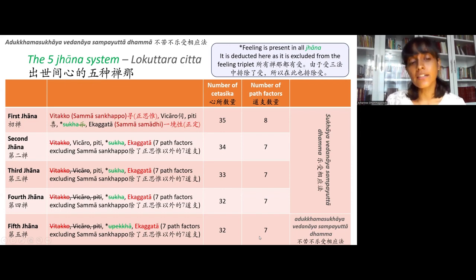And how we get the 32 is because vitakka, vichara, and piti are not included in the 5th jhana, and upekha is deducted here because feeling is not included in this matika. So that's how we get 36 minus 4, 32. And because samma sankappa is not present in the 5th jhana, we get only 7 path factors.